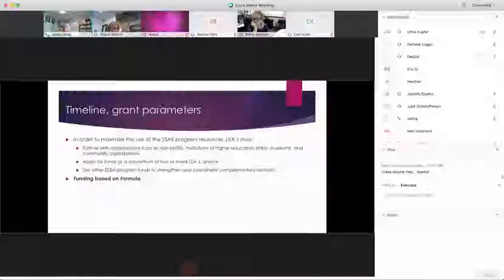And then also, like this past year, it says use other ESEA program funds to strengthen and coordinate complementary services. I'll share with you that it's not just ESEA funds to strengthen and coordinate. So you can say, how are we using Title I funds and how can I have more leverage with Title I using Title IV-A? You can do that.